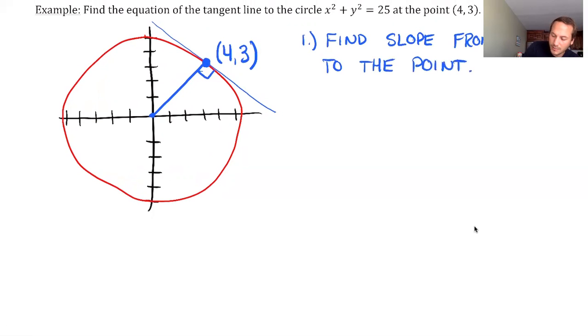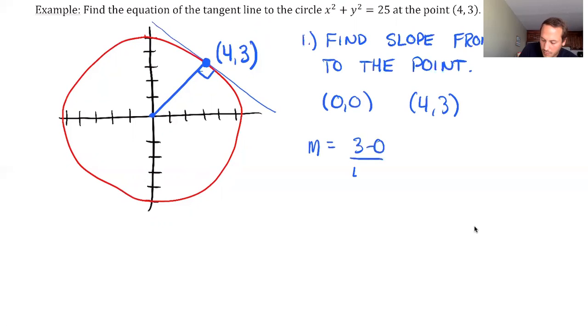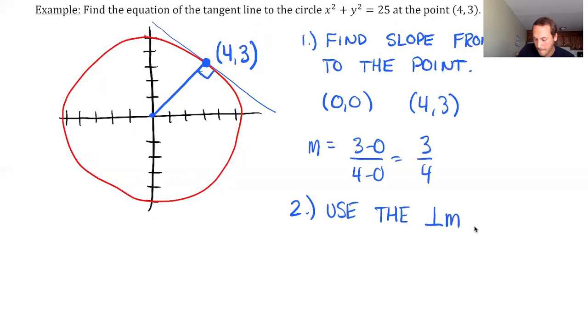Okay, so the center of this circle is 0, 0, and the point is 4, 3. So what I'm going to do is 3 minus 0 over 4 minus 0, or 3/4. I'm going to use the perpendicular. So if my slope was 3/4, that makes my perpendicular slope equal to negative 4/3. Okay?